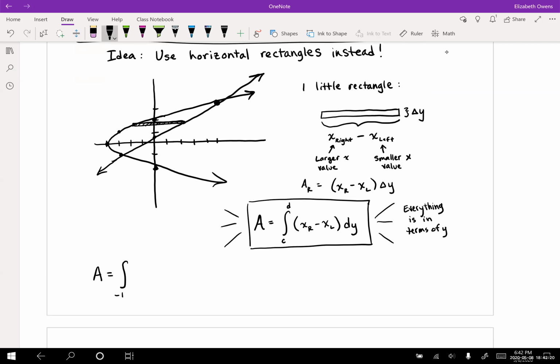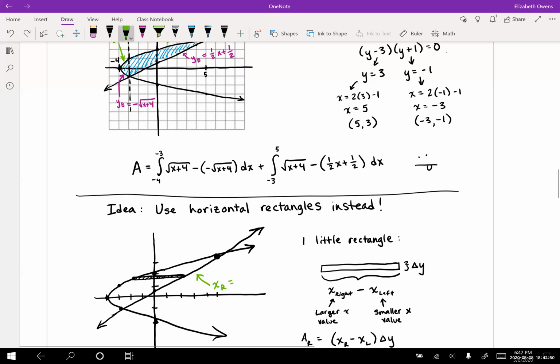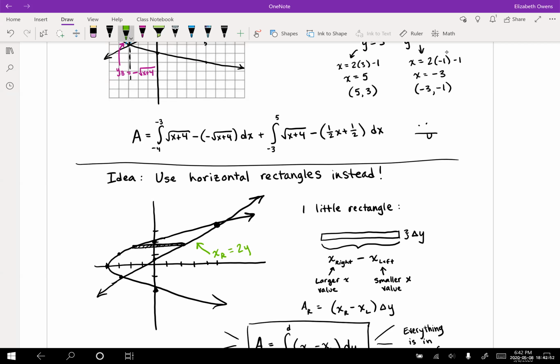So integrate from -1 to +3, and then our right function, xr, is right here. xr is the line, and our equation for that line was right here. X equals 2y minus 1. So there you don't even have to solve for y or anything. X is a function of y, so we want to keep it that way. All right, so xr is 2y minus 1.